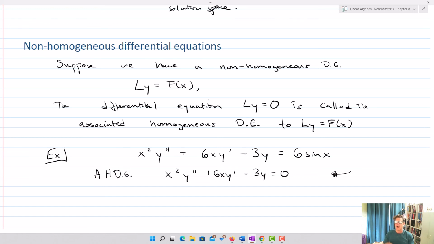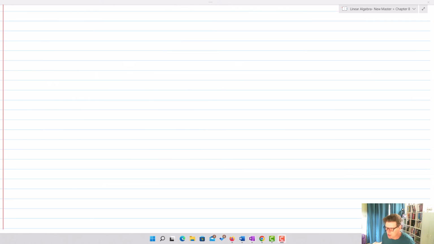And our next theorem is going to be a key linchpin. We talked a little bit about something similar when we were doing linear algebra. We're now going to really use this fact a lot as we work with non-homogeneous differential equations. So we're going to introduce some notation first.